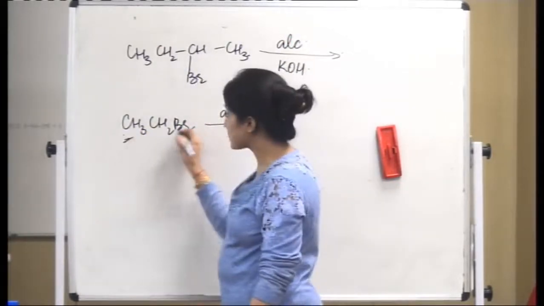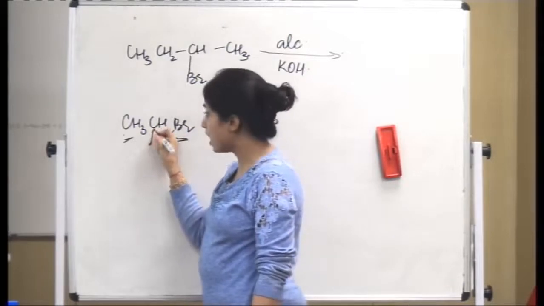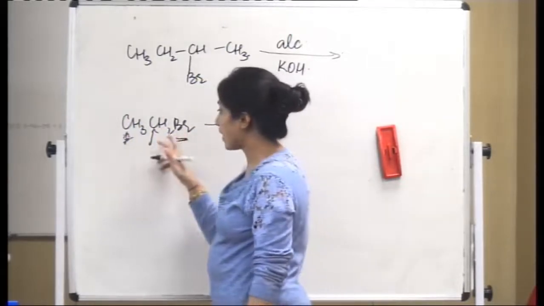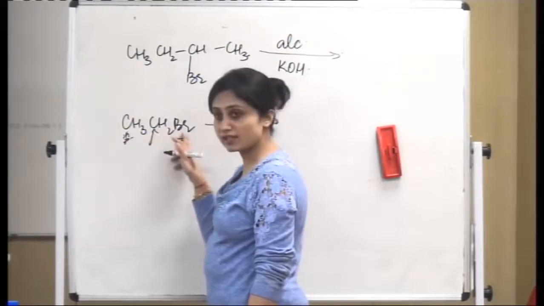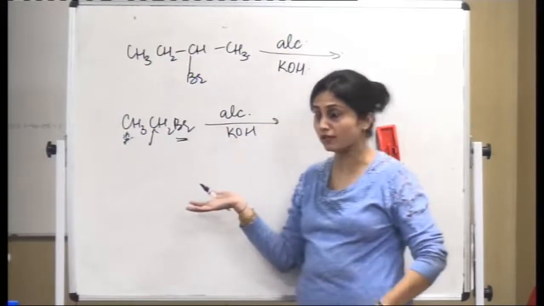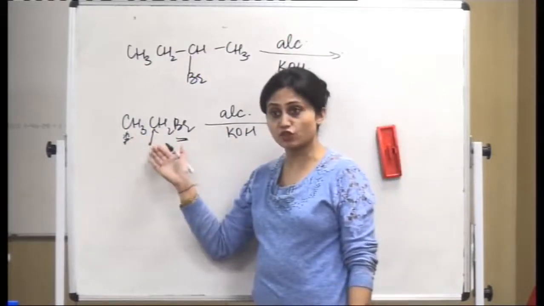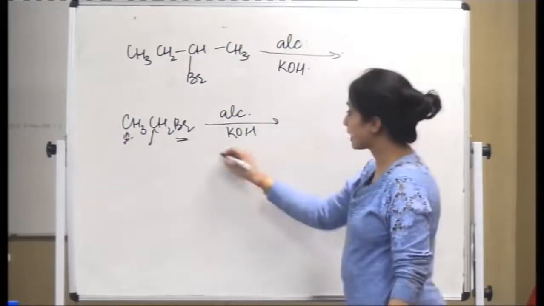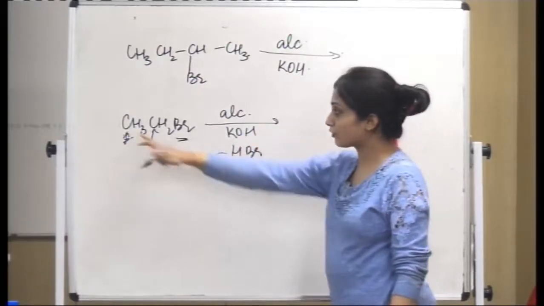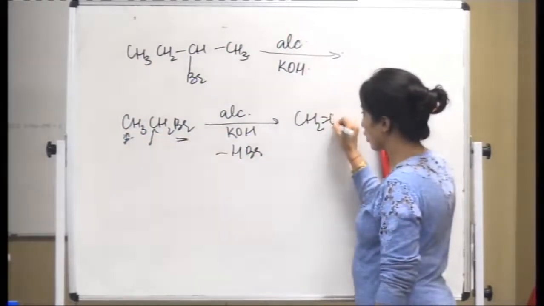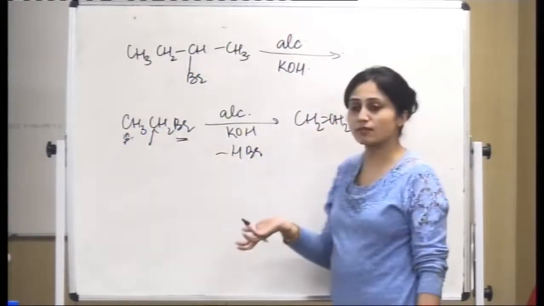So if bromine is getting abstracted from this carbon atom, hydrogen will leave from the adjacent carbon atom. You have talked about elimination and the mechanisms were done in the previous class by sir. So you have CH3CH2Br, alcoholic KOH, meaning HBr will now be eliminated. So that means minus HBr, H from this carbon and Br from this. So this will form CH2 double bond CH2. It is forming a symmetrical alkene, no discrepancies here.